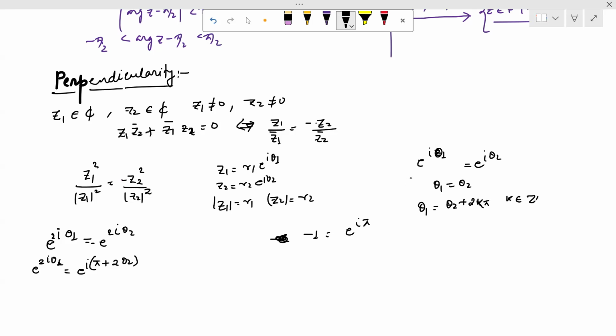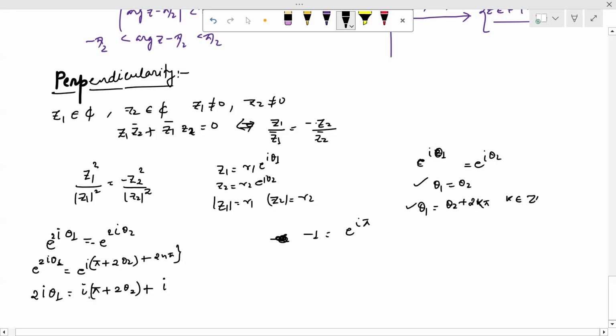So always remember that if e to the power iota theta 1 is equal to e to the power iota theta 2, this is fine, but the more general solution would be this. So the more general solution from here, I can write it as e to the power iota theta 1 is equal to e to the power iota (pi plus 2 theta 2 plus 2n pi). I'll write it here itself, so that you don't get confused.